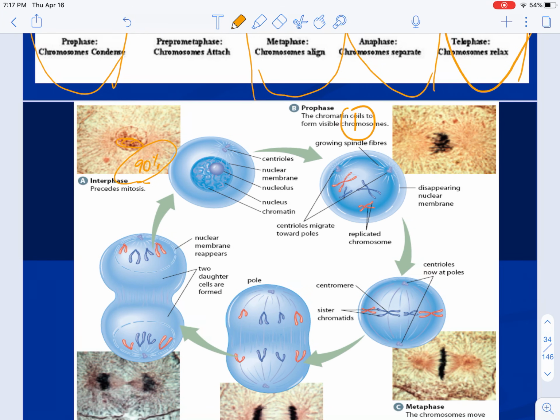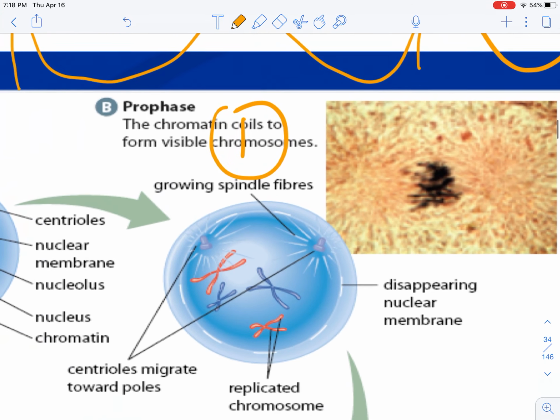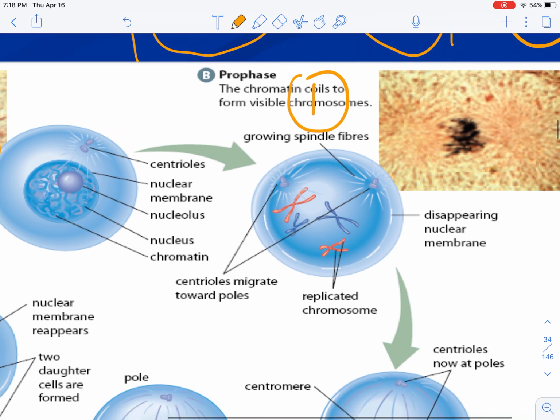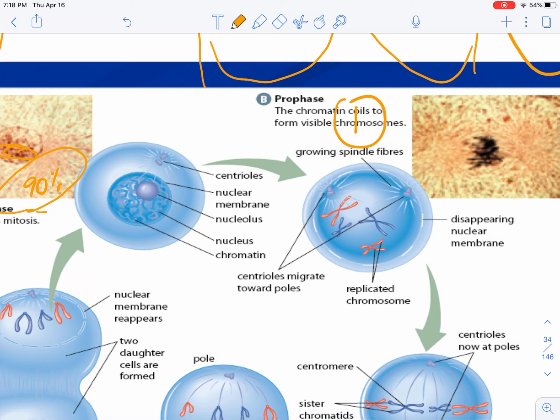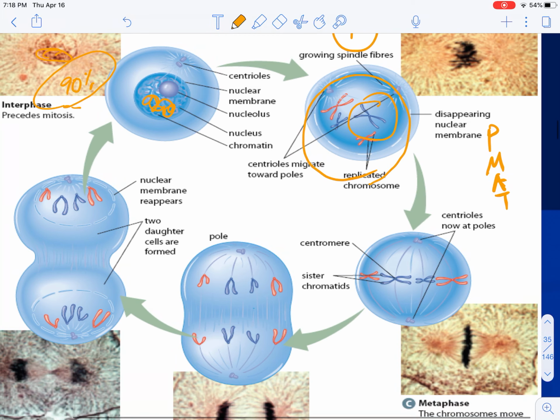The PMAT stages, the first one is prophase, when you see that it's significantly darker in the nucleus because you see those individual chromosomes appearing. So compared to interphase, where your chromatin is just like a jumble, in prophase, remember it goes P-M-A-T, you see the chromosomes clearly, that they are in the shape of an X, and they have replicated.